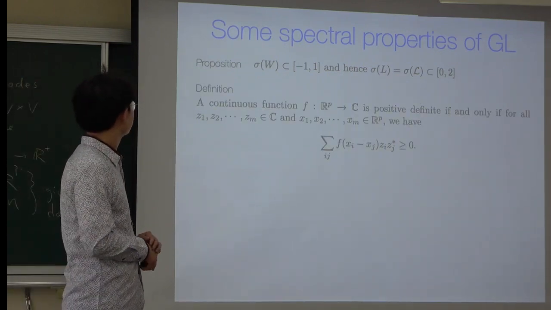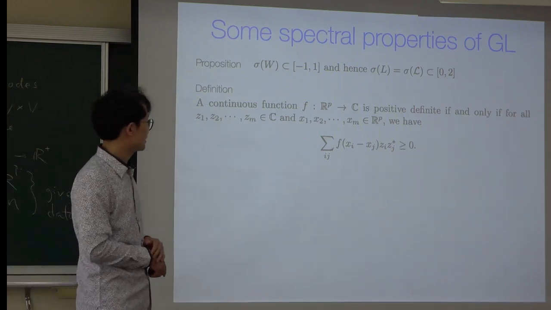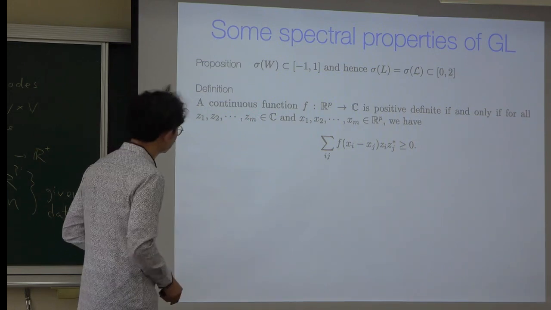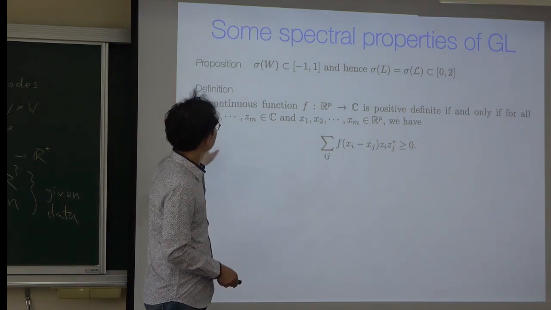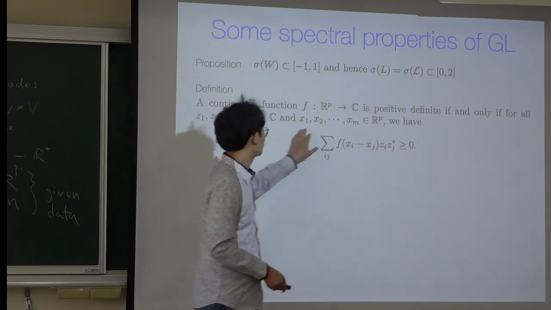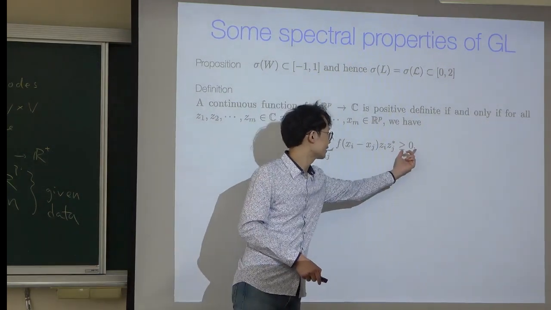And we have a quick recall of the definition of a positive definite function. A continuous function is positive definite if you consider any number of complex numbers and so on, and you evaluate it, it is non-negative.